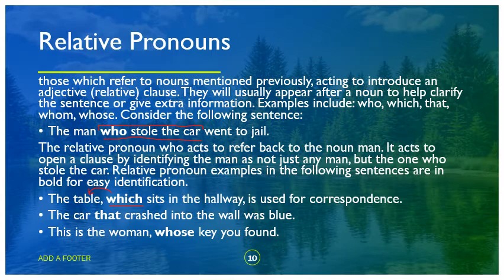Which sits in the hallway is a relative clause. So even if we do not read this which sits in the hallway, the sentence will become the table is used for correspondence. But in this case, we will not know which table they are talking about. So that is why the relative clause here with a relative pronoun which sits in the hallway gives us more information about the table.